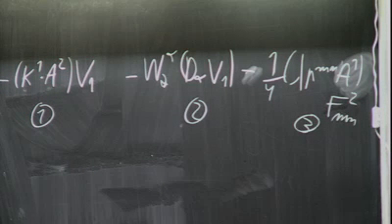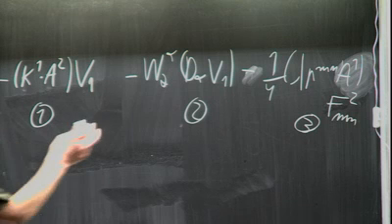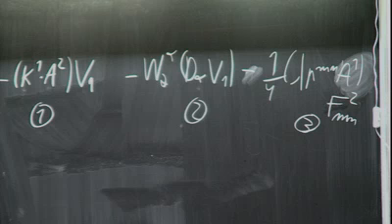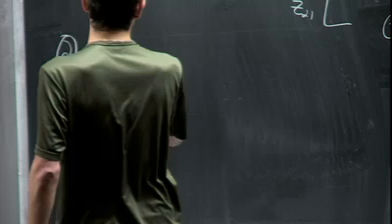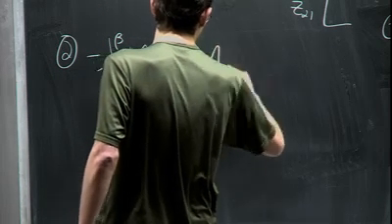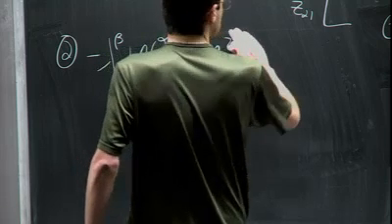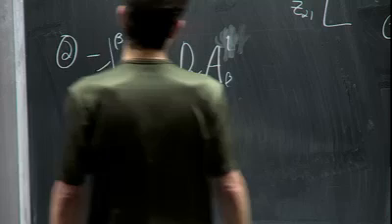Let's look at term number 2. So term number 2 is that one, and you can write it like lambda^beta U1_beta, right?